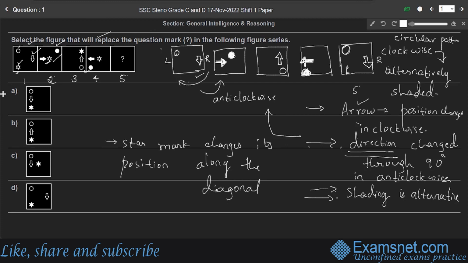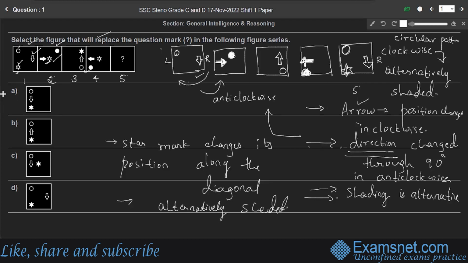In the third figure, it is at the top right corner. Whereas in the fourth figure, again it comes back to the center. Therefore, in the fifth figure, its position should be the original position, which is the left bottom corner, and it is alternatively shaded.